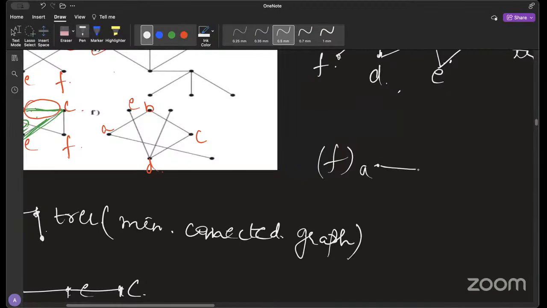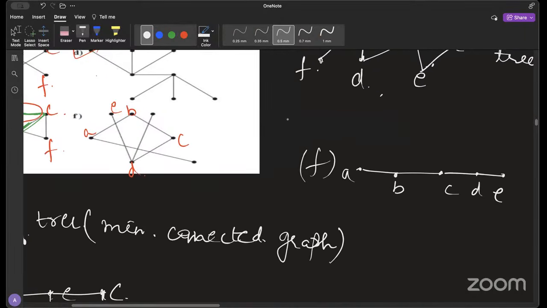So this is A, B, C, D, E. And then D is connected to E and C.